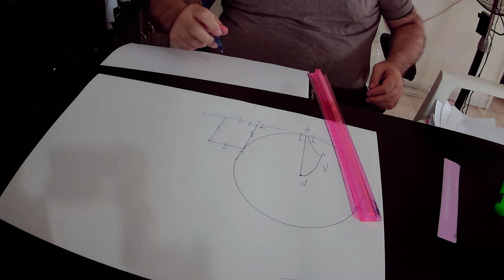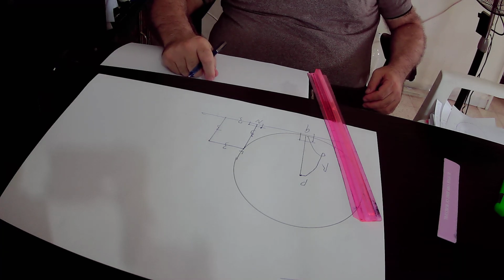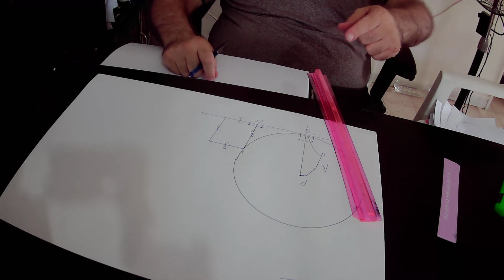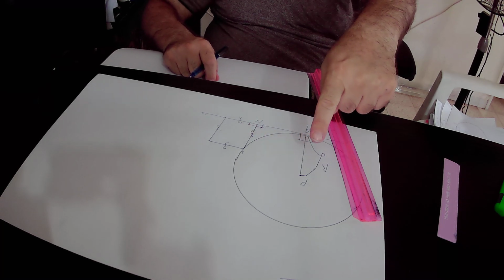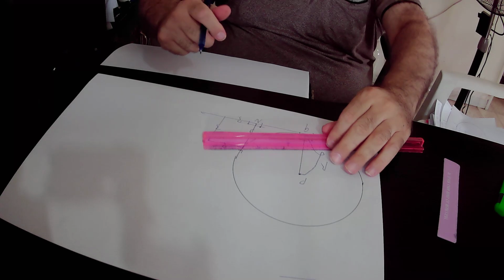From point L, we will go perpendicular on the radius PQ.